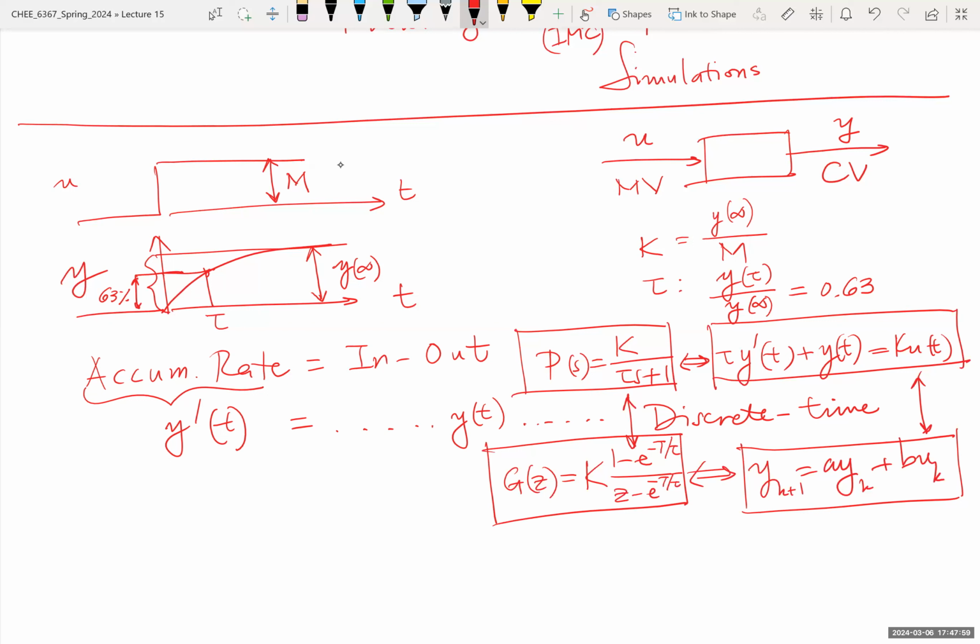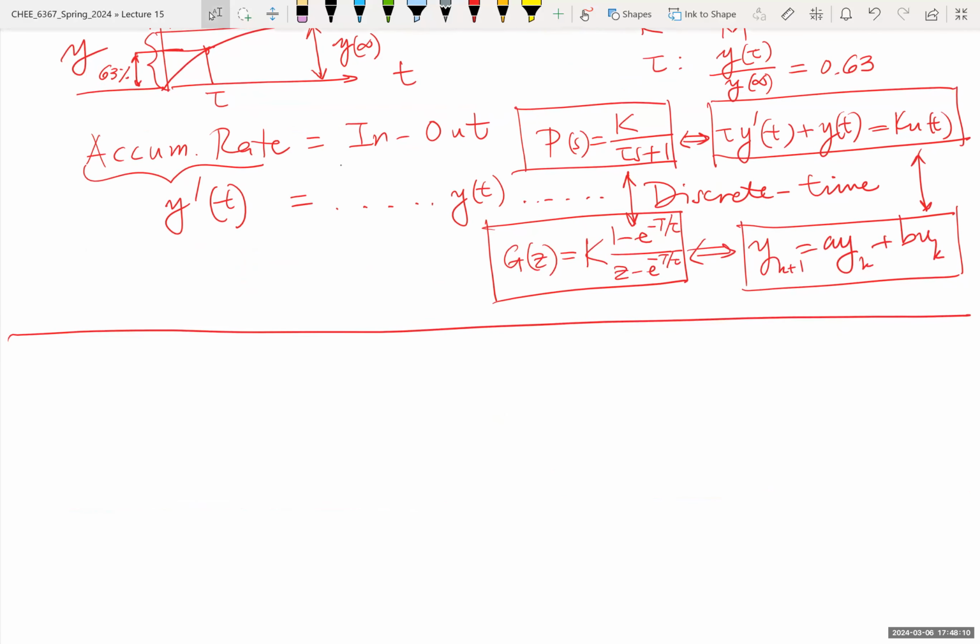Of course, we may have more interesting models because first order systems exist in various places, but very frequently we have higher order systems. Why is that? Higher order systems come from processes that have more than one conserved quantity.